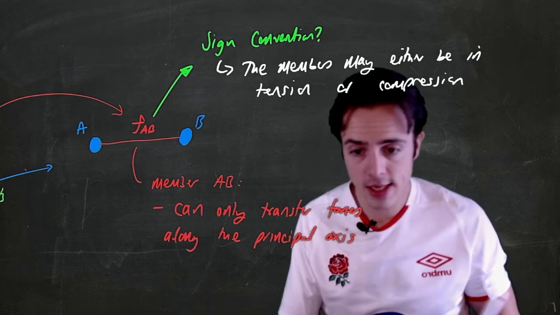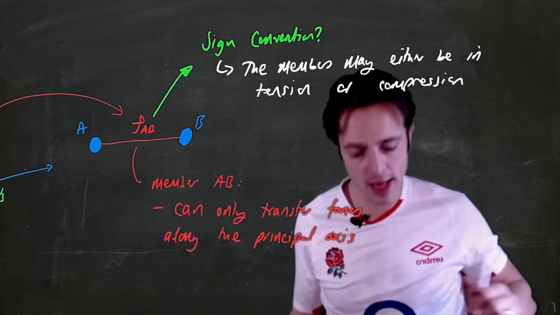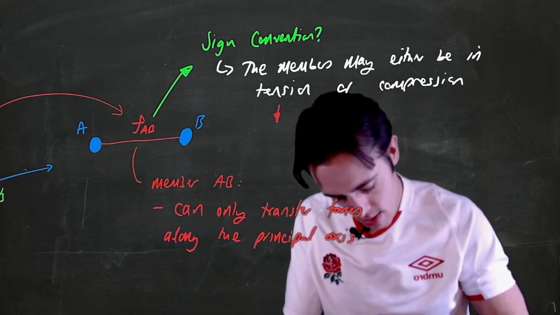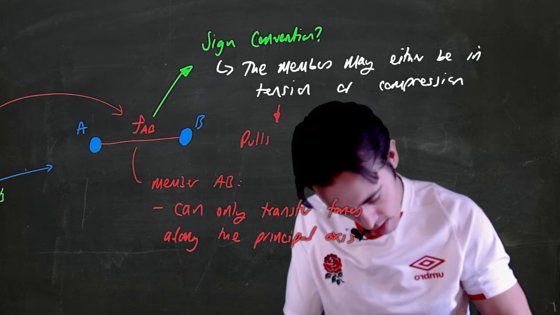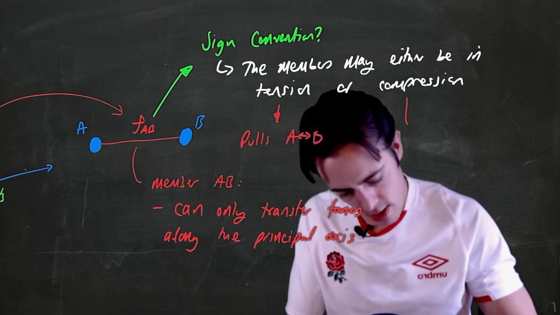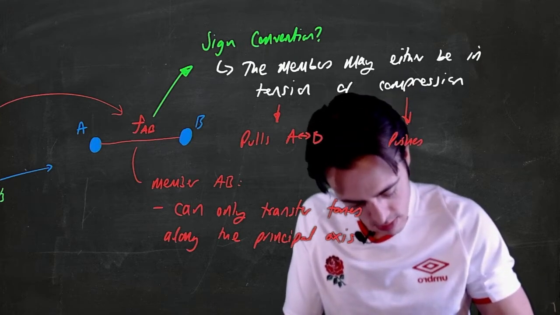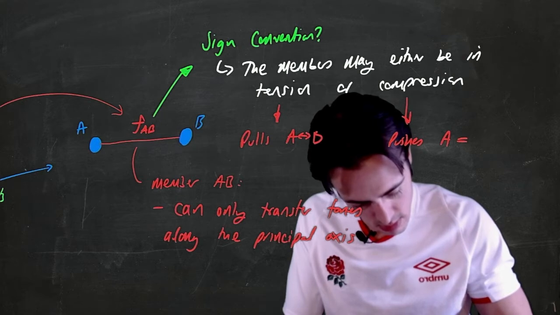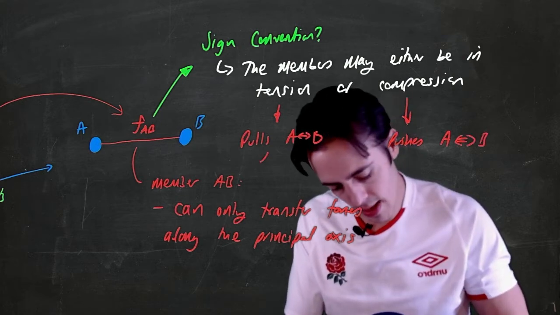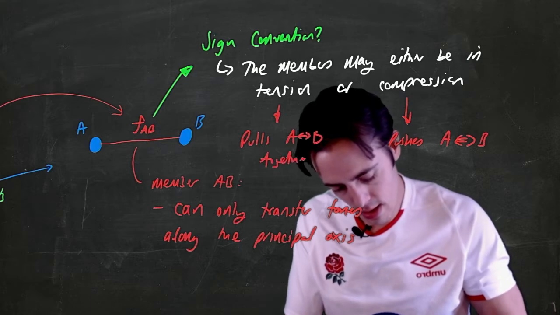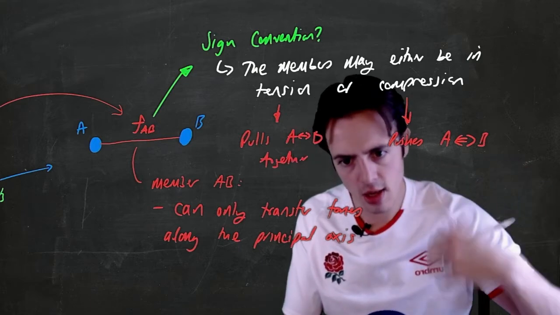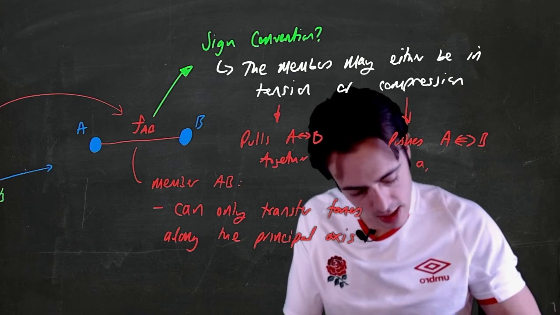We can consider tension pulls A and B closer together. And compression pushes A and B apart.